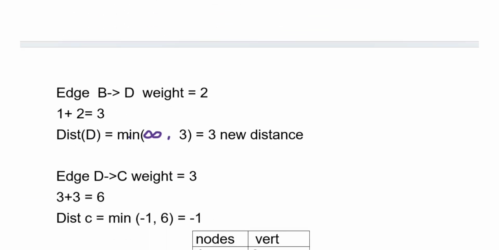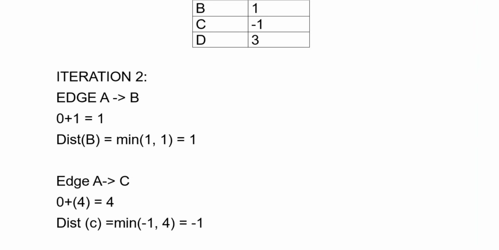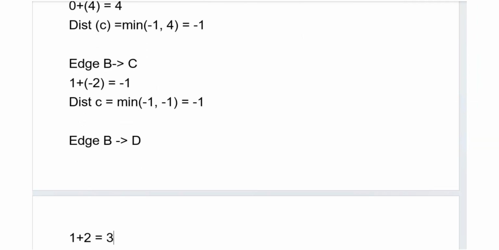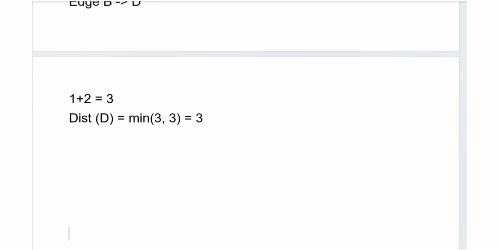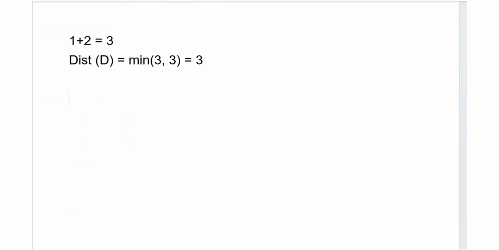Next we need to take edge D to C. The distance is equal to 3. 3 plus 3 is equal to 6. So we need to find the minimum distance of C, which is the minimum of minus 1 comma 6.